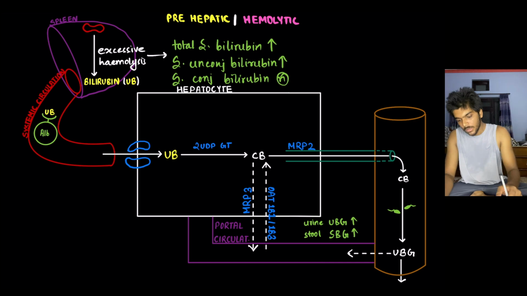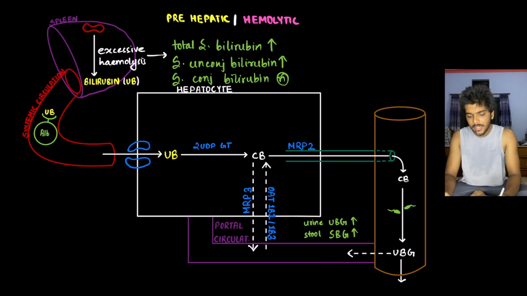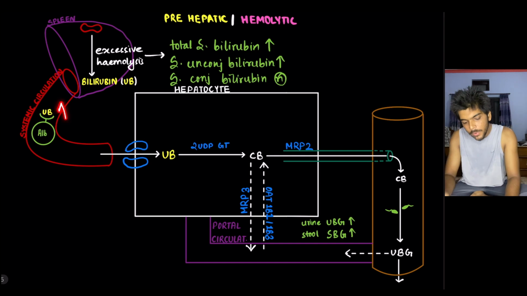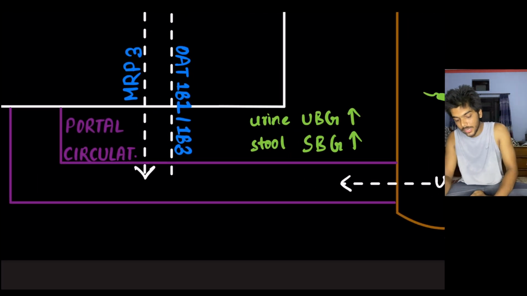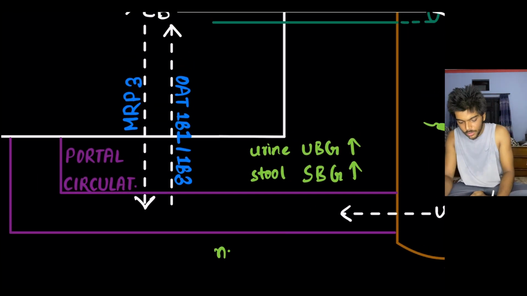Now, in prehepatic jaundice or hemolytic jaundice, there is a rise in which bilirubin? Unconjugated bilirubin. And I said that unconjugated bilirubin is bound with albumin, so it can't spill into urine. So there is no bilirubin in urine.